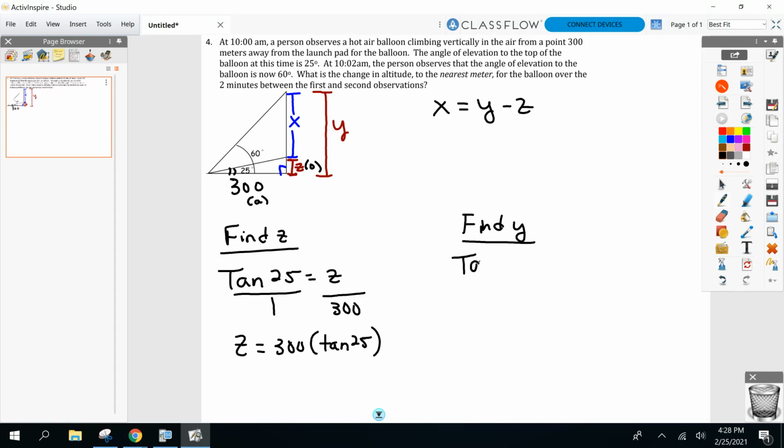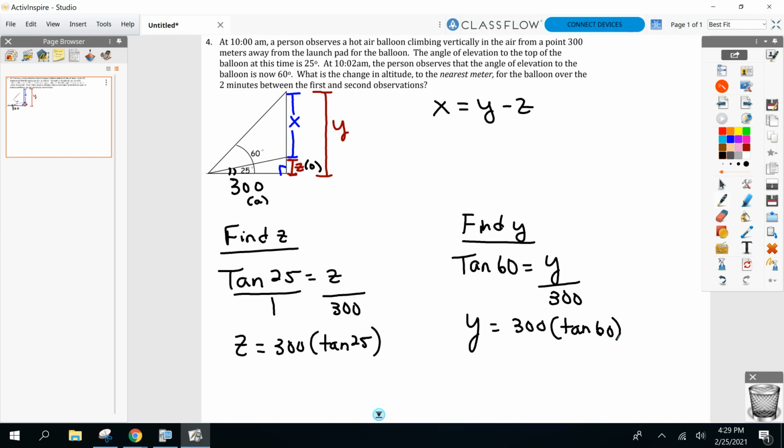So I'm going to say tangent of 60 now equals your opposite side y over my adjacent side, which is still 300. So y will be equal to 300 times the tangent of 60.